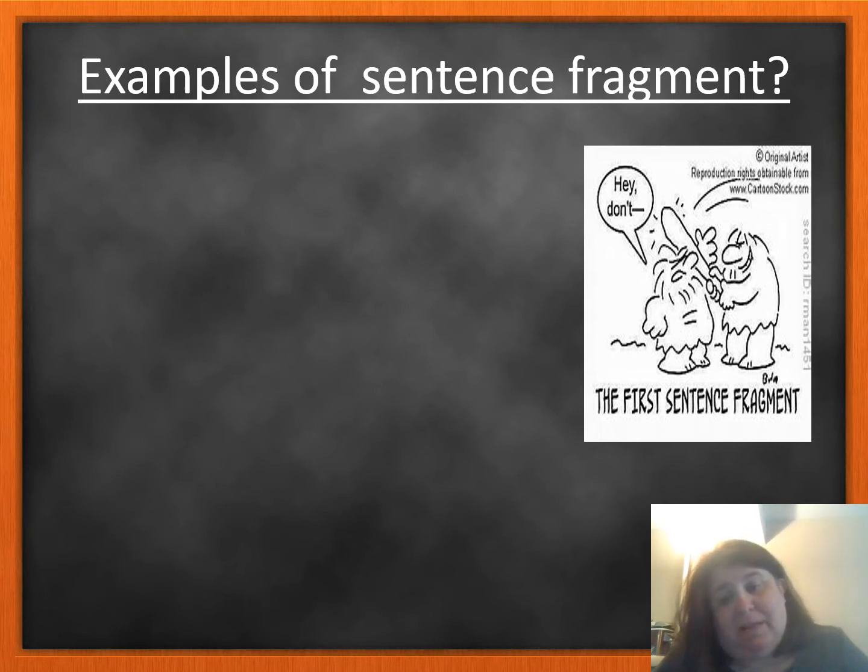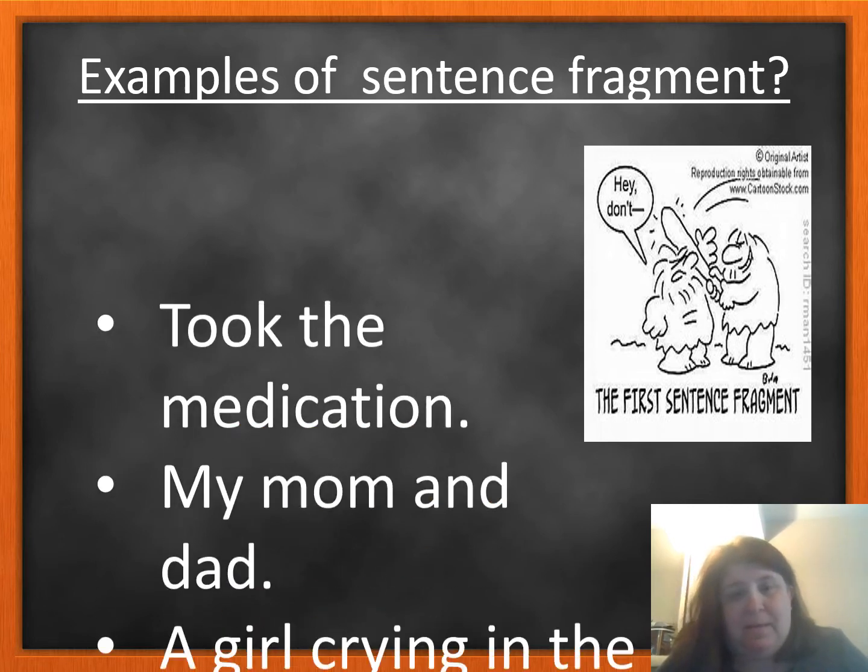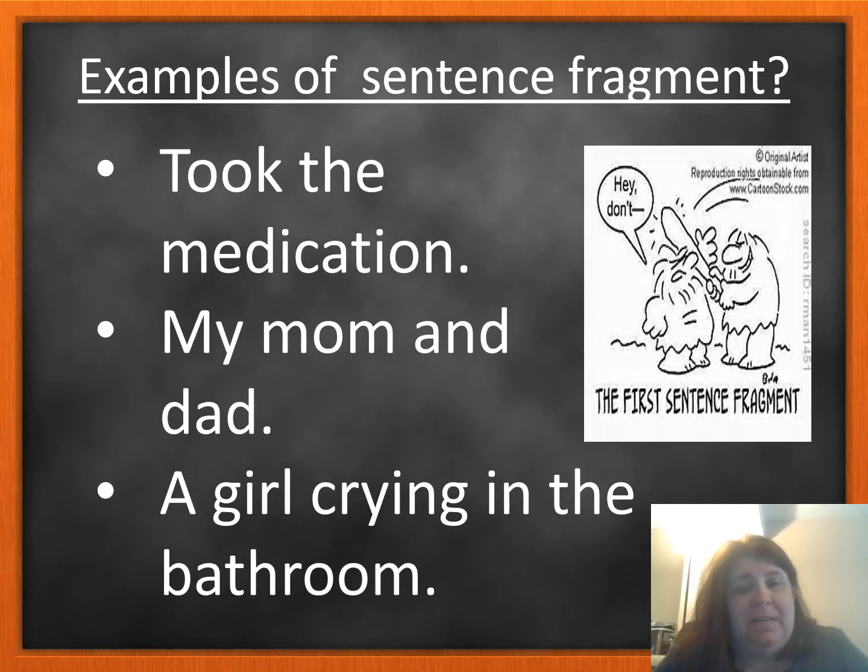But that was the world's first sentence fragment. Examples are, "Took the medication," "My mom and dad," "A girl crying in the bathroom." None of those give us a complete thought. They're all missing an important component of the sentence.